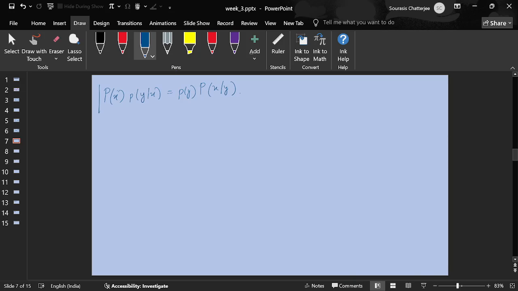So I'm going to use this formula only. So now can you tell me what is the a posteriori probability of x naught given y, using this expression here?